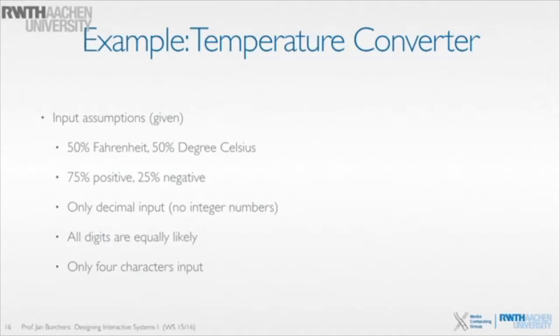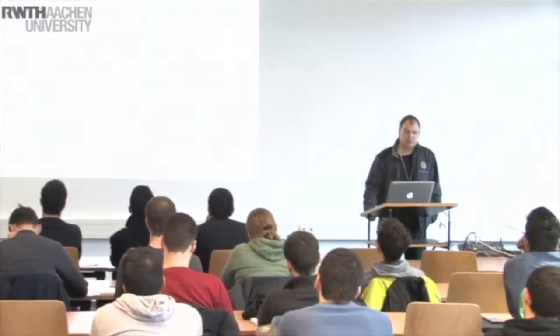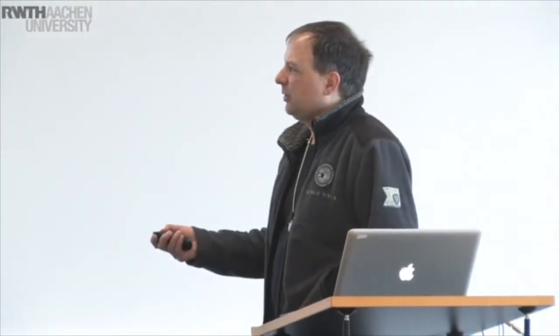OK, so let's go back to the temperature converter. We've already made the assumption that we have 50% Fahrenheit and 50% Celsius conversions in terms of direction. We're going to make a couple more assumptions to get a good estimate of the lower bound of the most efficient possible interface design. Most of the values are going to be positive, some negative, so in 25% of all cases we get a minus sign.